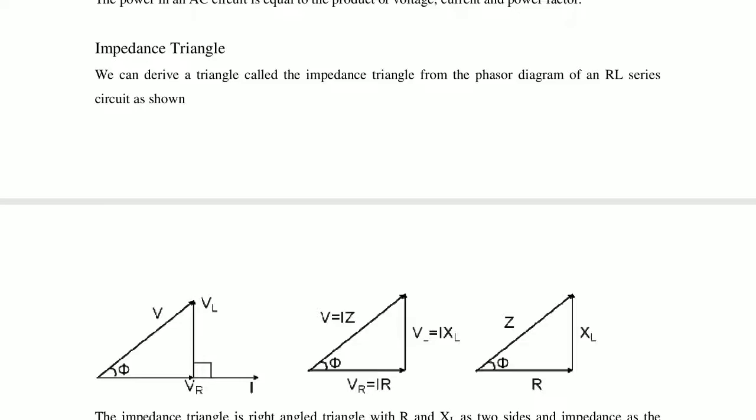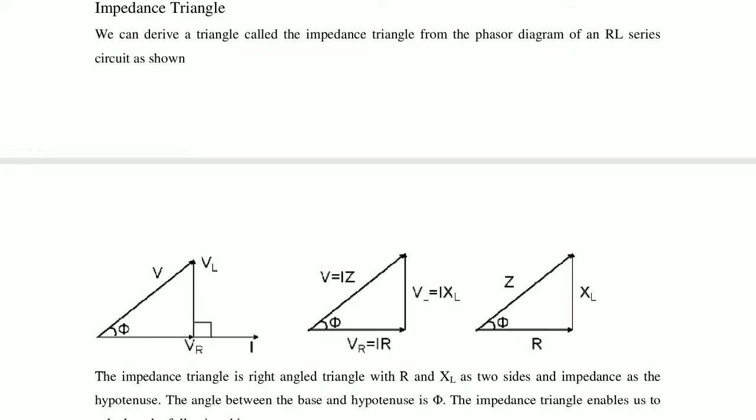So the vector addition of VR and VL gives V.